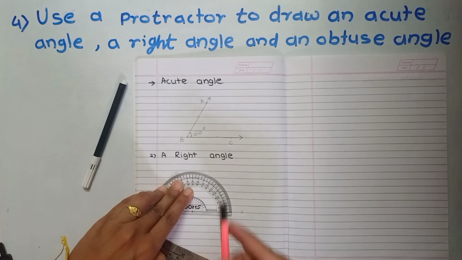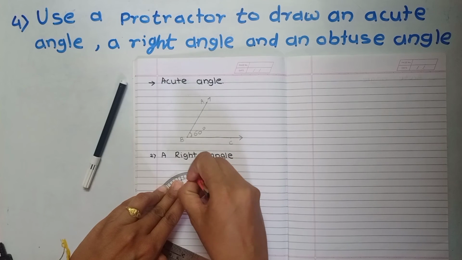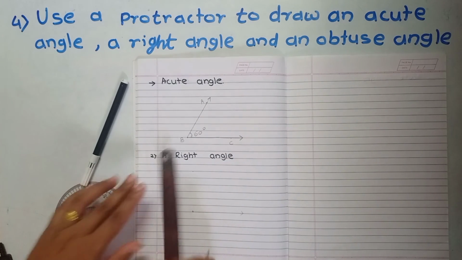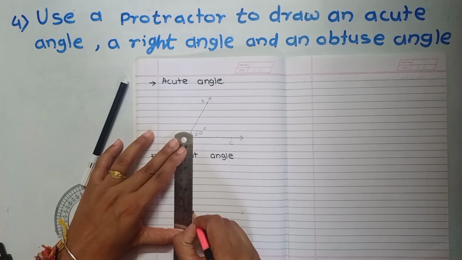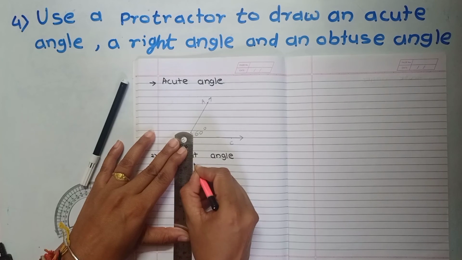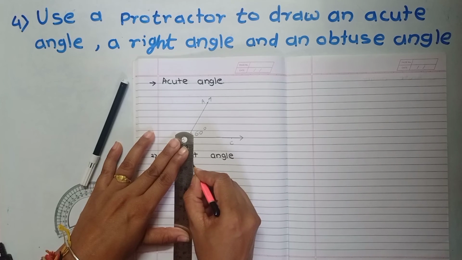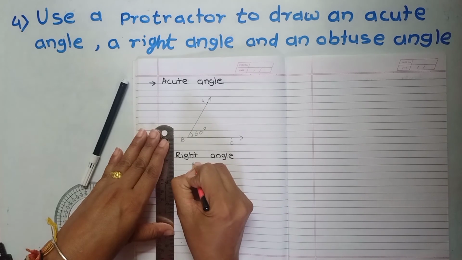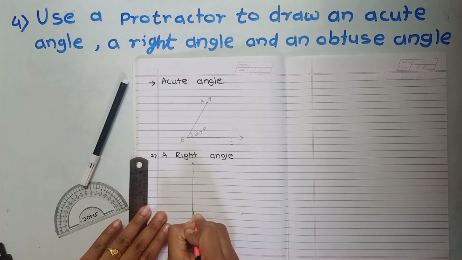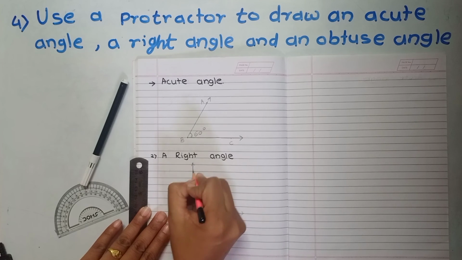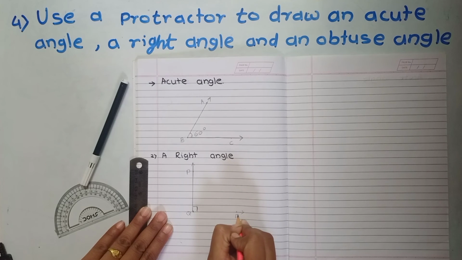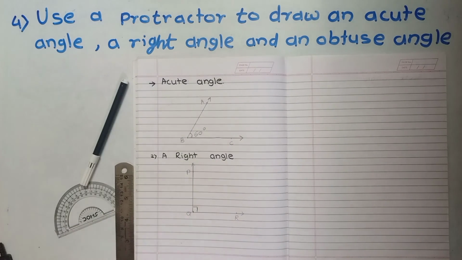You have to know that the right angle is 90 degree. So keep the point here and draw a line. P, Q, R. This is the right angle.